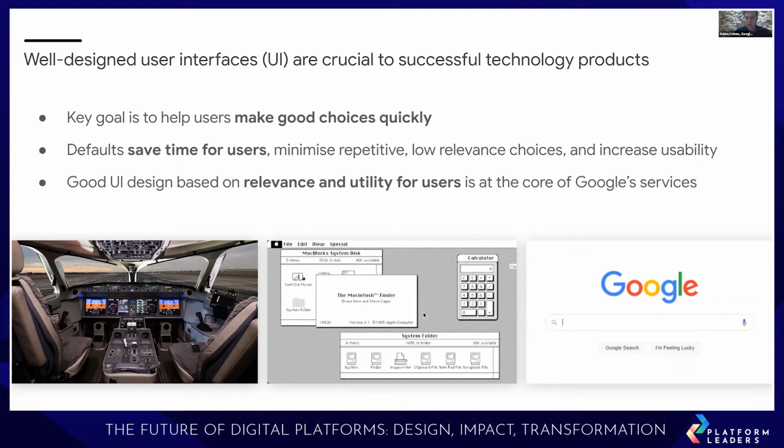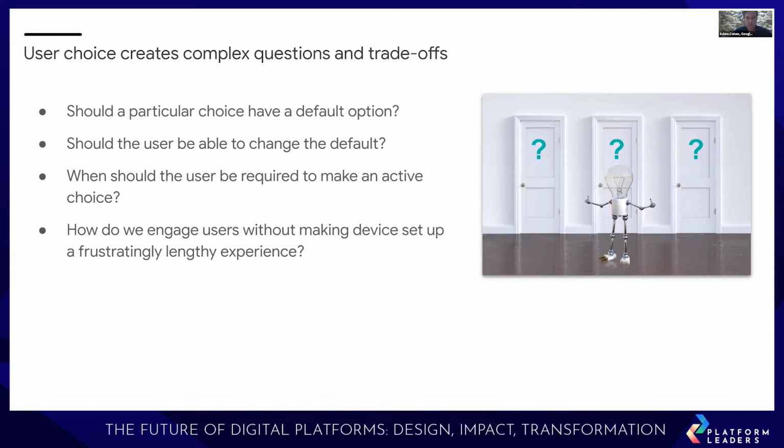Let's skip to the next slide, please. So as users are navigating technology, we do have to think through the choices that they're presented with, the choices that they might want to make, the choices they might not want to make, and reckon with the fact that they are going to have to potentially make hundreds of different choices in very quick succession as they're using increasingly complicated technology products.